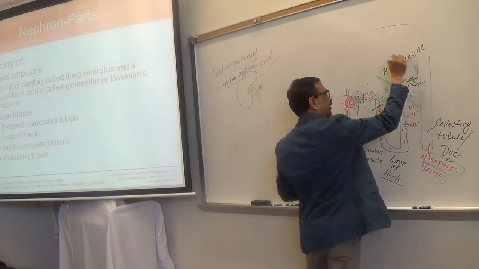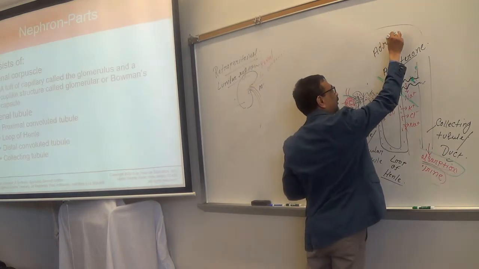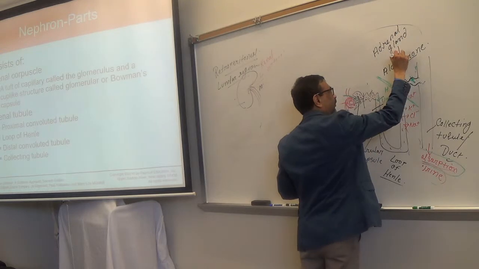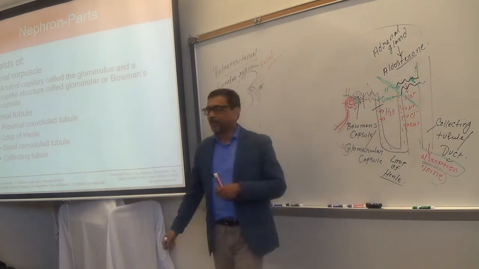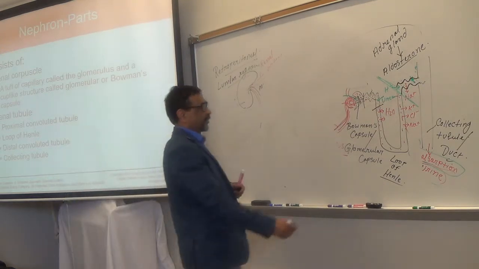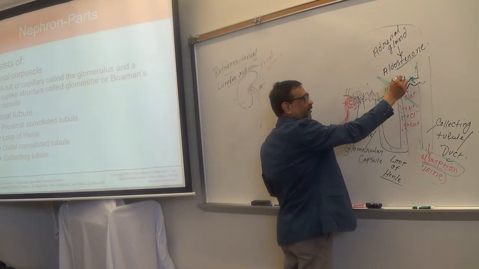Very important. It comes from the adrenal gland. So from the adrenal gland, a hormone called aldosterone is released, and the blood brings that hormone here. This is very interesting.